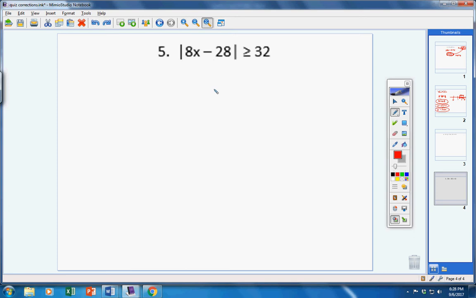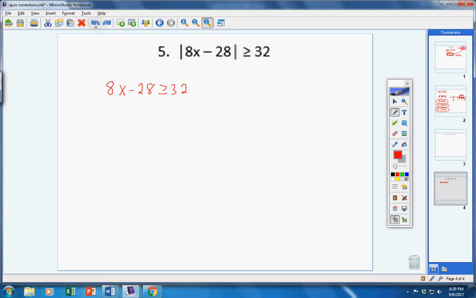So the next thing you do is you rewrite this 2 different ways. So first you write it just like it is, like this, Andy. All that you did was drop this absolute value bar and you drop this one, that's it. Okay?